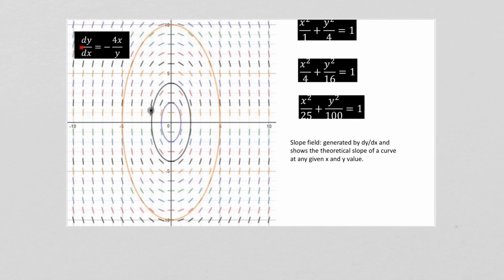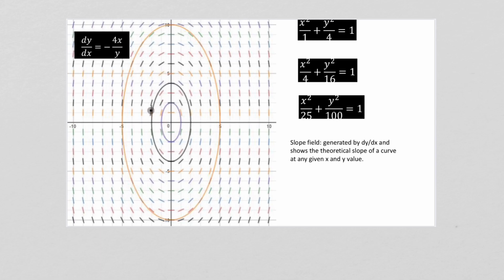So this dy/dx generates what we call a slope field, a new vocabulary word, which will show the theoretical slope of a curve at any given x and y value, assuming that curve follows the same properties as all these other ellipses.